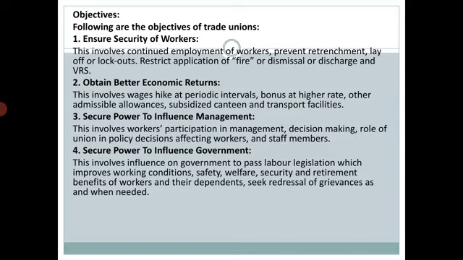So with this, the rights of the employees, the facilities needed by the employees, and other basic requirements can be satisfied with the help of trade unions. Because what is a trade union? Yes, a trade union is an association of employees.